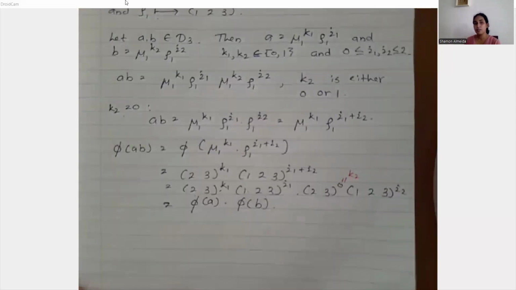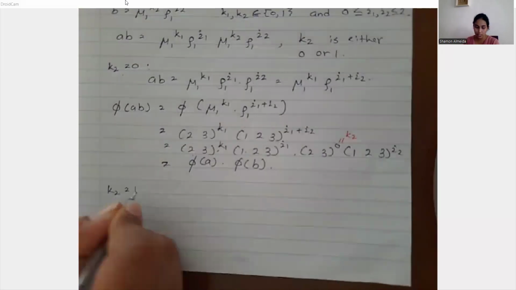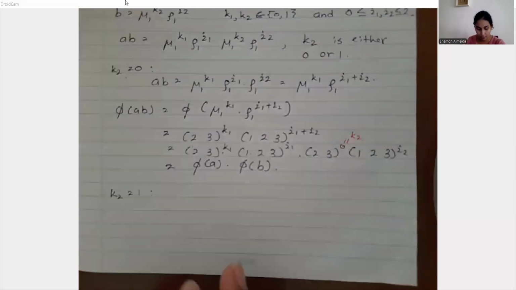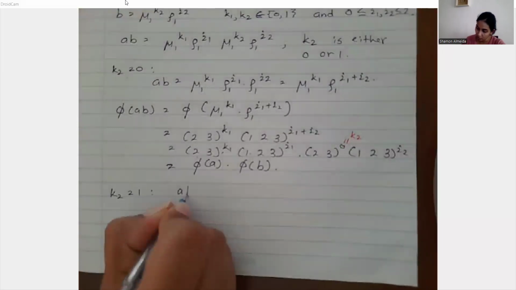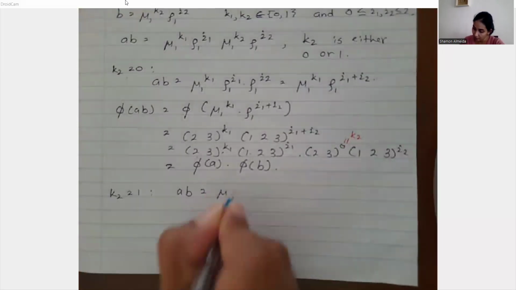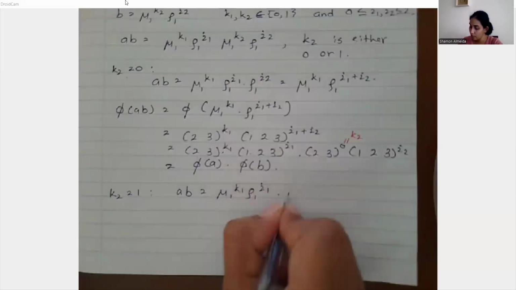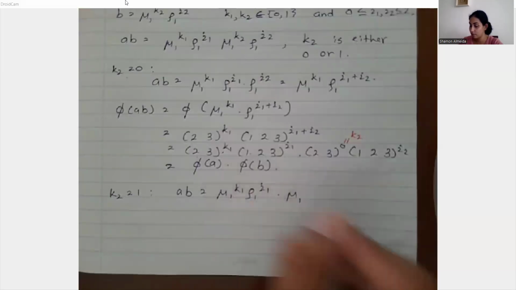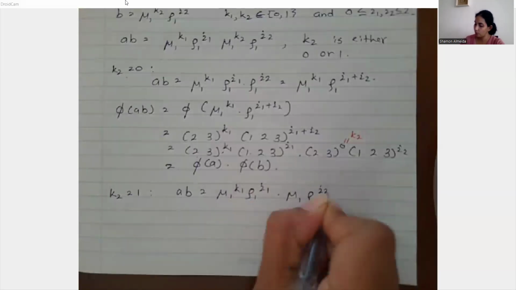times, from here you get phi of B. Now the other instance when we have K2 equal to 1. When K2 equals 1, we have AB to be mu1 K1 rho 1 I1, then we have mu1 to the power of 1, which is simply mu1 rho 1 I2.